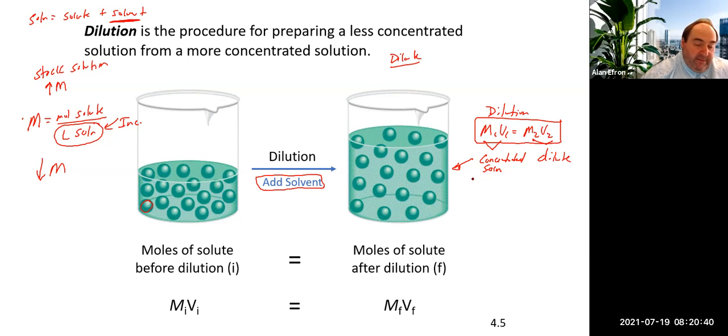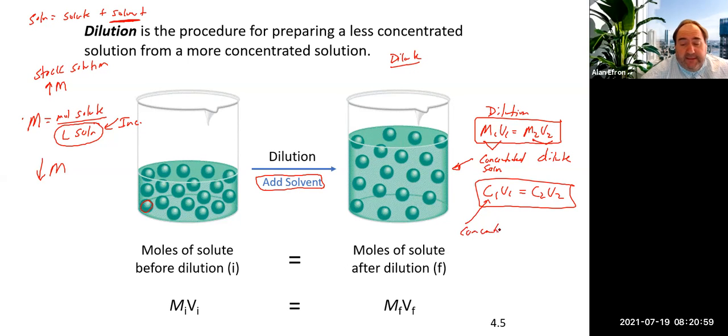You will sometimes see people call the dilution equation something a little bit different. They'll use something like C1V1 equals C2V2. It's basically the same thing. The only difference is that here C is just a generic term for concentration.